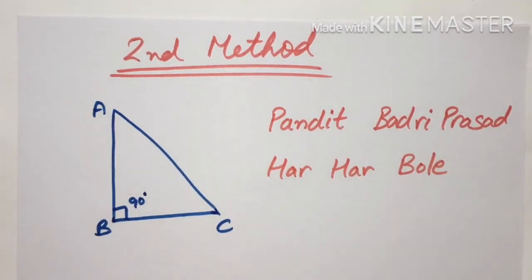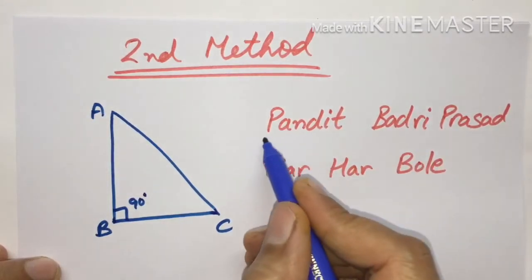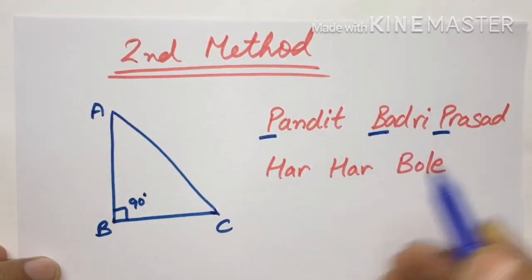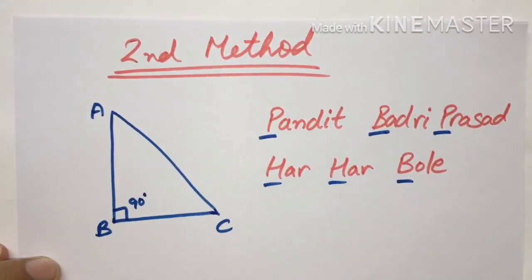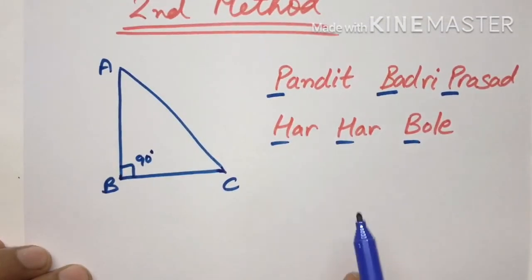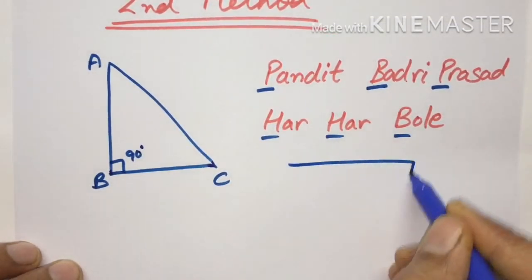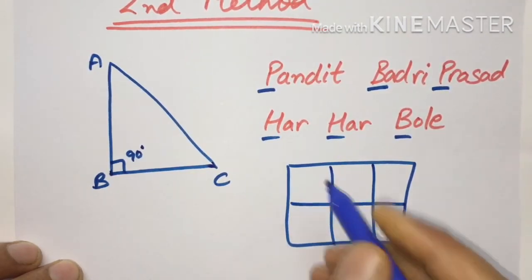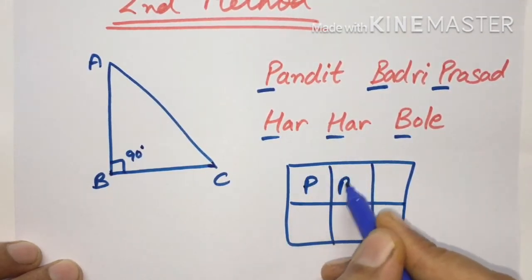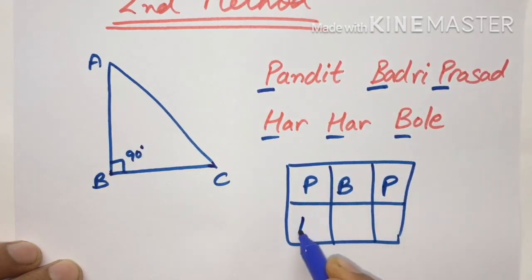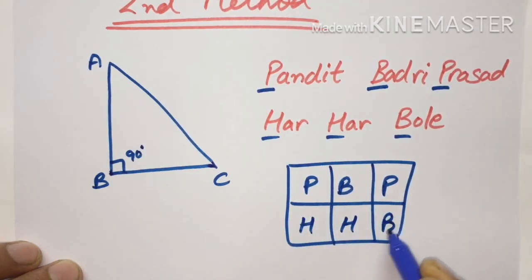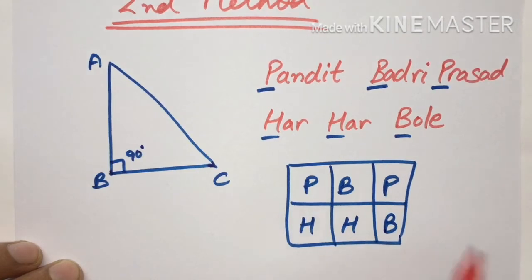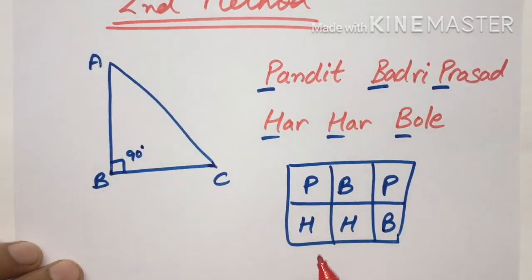Now you will come to know why we are saying this line. We will make a table with the help of this line. The first letters we will write: Pandit Badri Prasad Har Har Bole. This is very easy to remember with the help of this line.